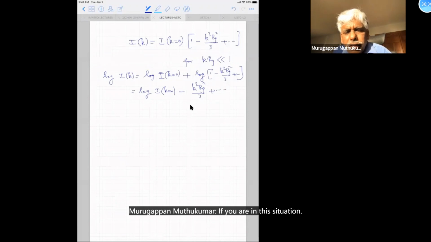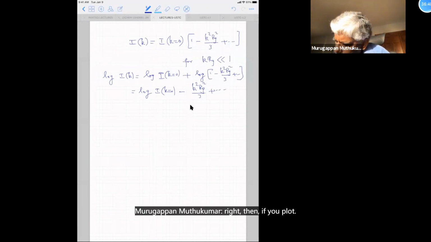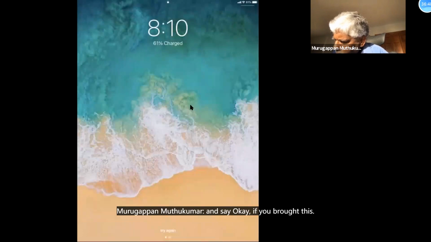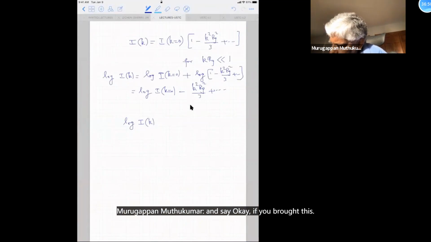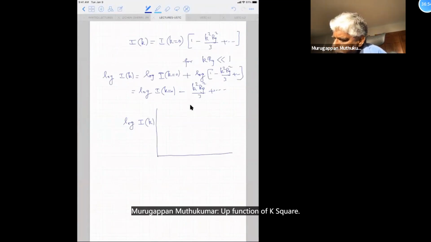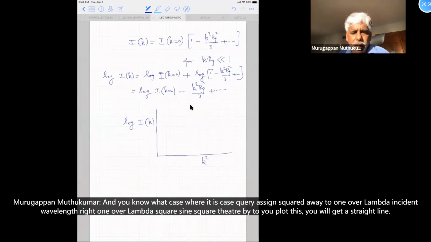If you are in this situation, then if you plot the logarithm of I, the scattered intensity at some wave vector K, as a function of K squared, and you know what K squared is: K squared is 1 over lambda squared, the incident wavelength, times sine squared theta by 2.